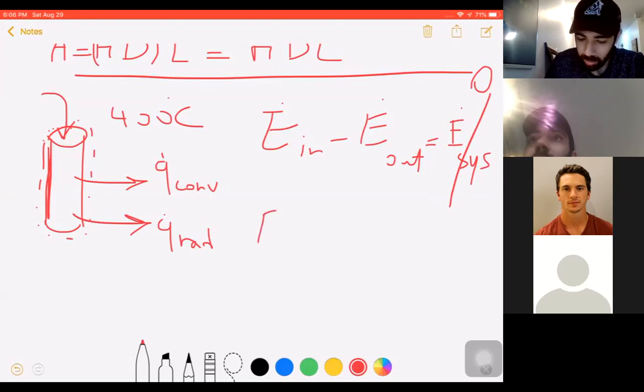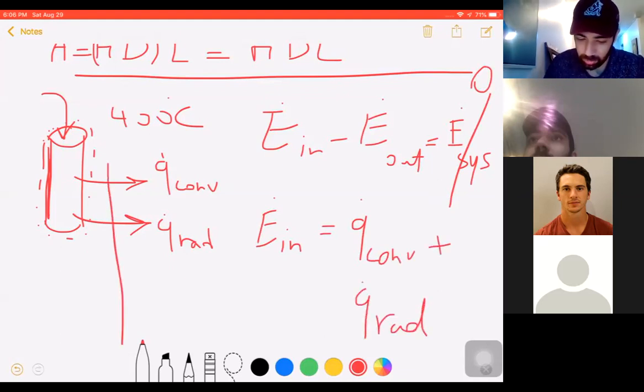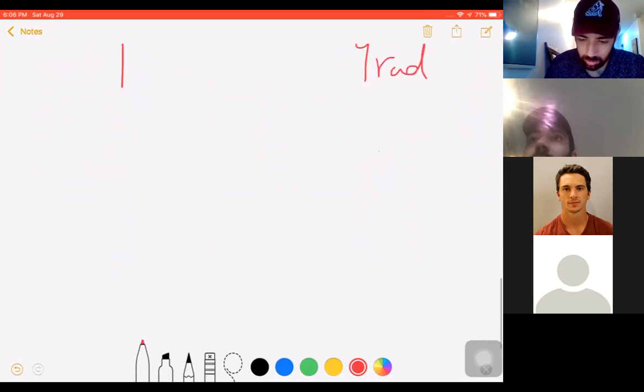So input energy is equal to Q of convection plus Q of radiation.